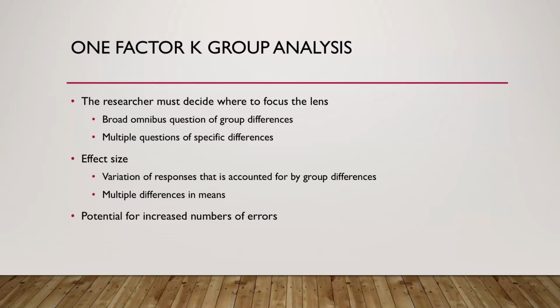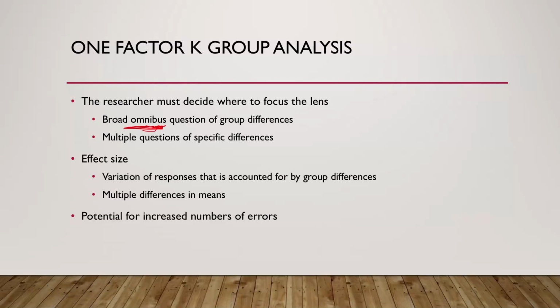But what do we do when we have more than 2 groups? And that's the situation that we've been dealing with in this video series. The researcher must decide where to focus the lens. There are 2 possibilities. The researcher could focus the lens on a broad omnibus question of group differences. Now, you may not have seen that term omnibus before.